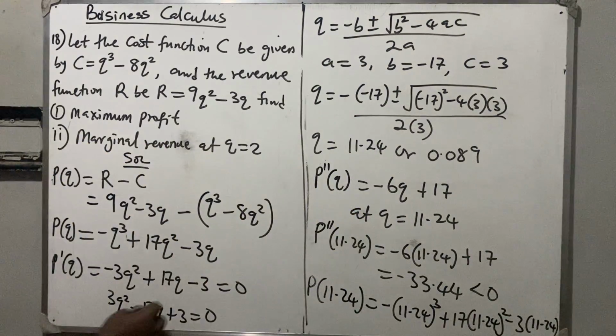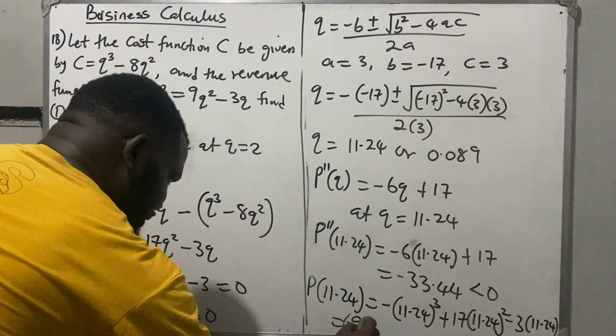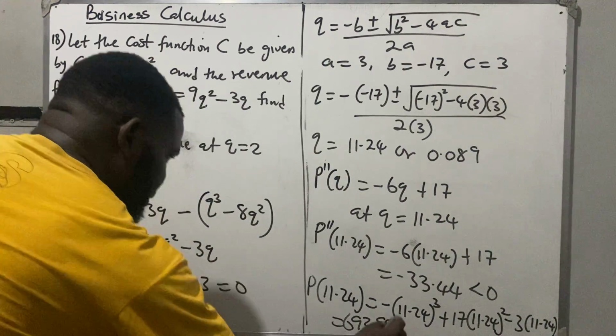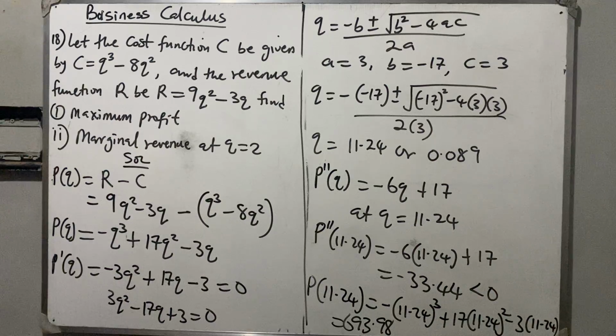If you do everything, according to what I did, the maximum profit gave me 693.98. So that is my maximum profit. You can check it out by yourself and see what it will give you.